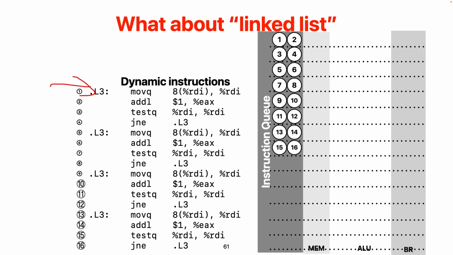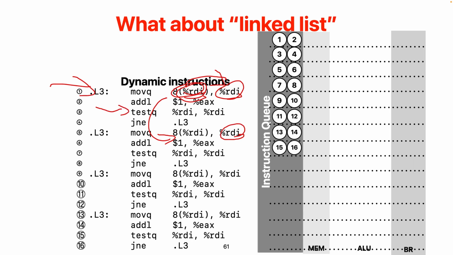Every time I move this current, it's a pointer. If you want to do pointer dereferencing, you access that element and put it into the destination register. And the next time you load from here, in the next cycle I have the same thing, right?